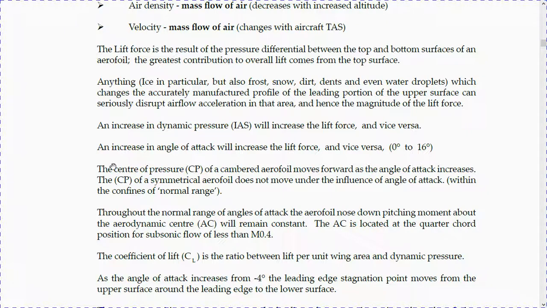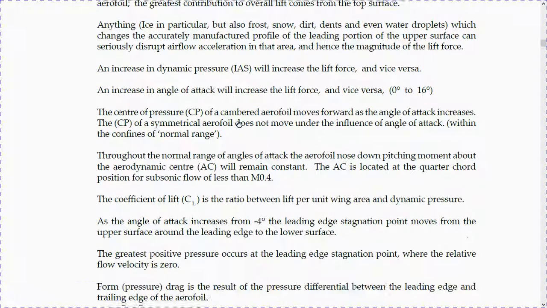So, as we will see in the equation, Q, the dynamic pressure, is half the density times speed squared. If it is increased, or if the angle of attack is increased, which would be CL, coefficient of lift, the lift force increases.